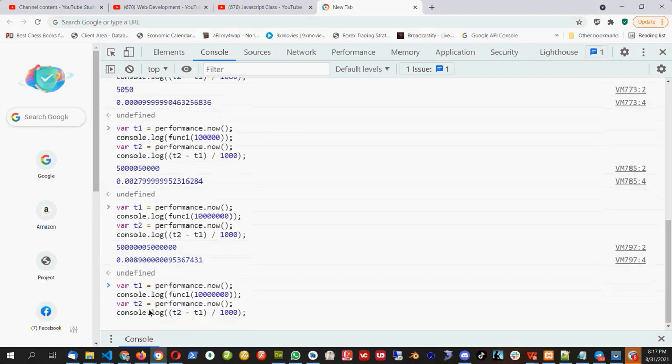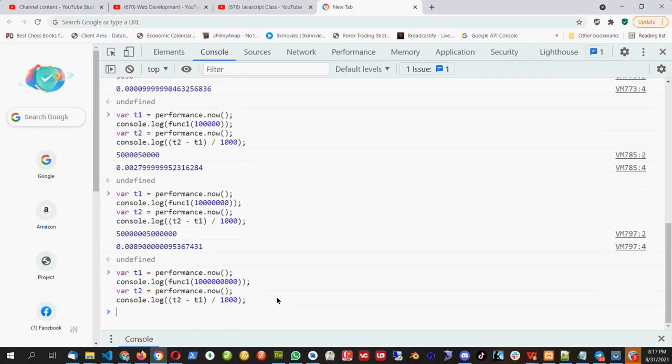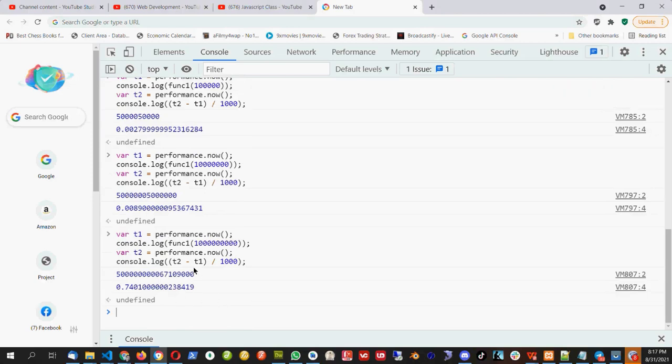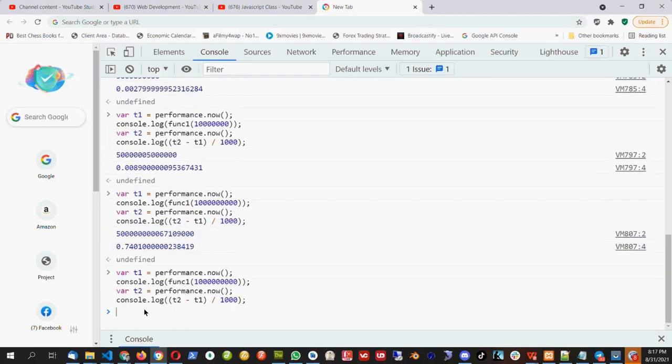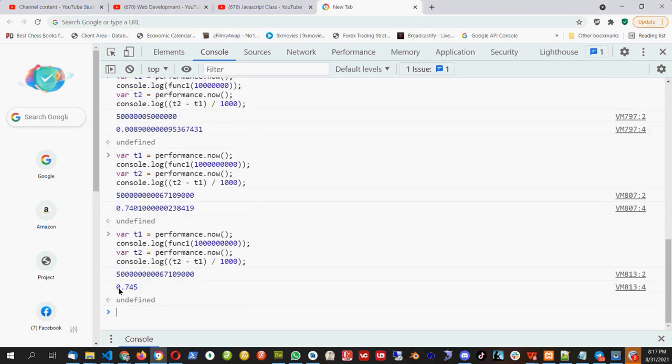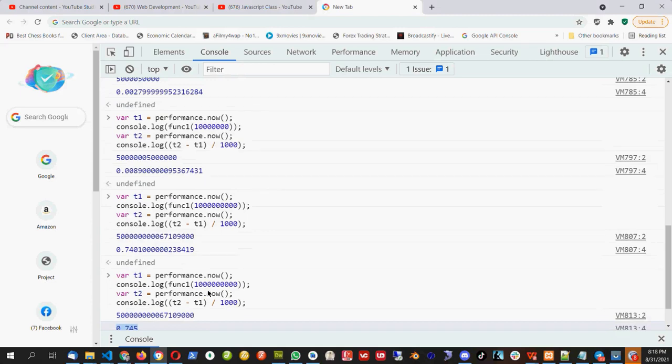Let's try to increase 2 more zeros. Now it is taking 0.74 seconds, and this is the sum. Let's do one more time. Again it is taking 0.74 seconds, and this has about 9 zeros.